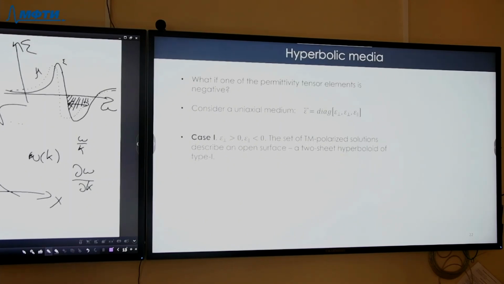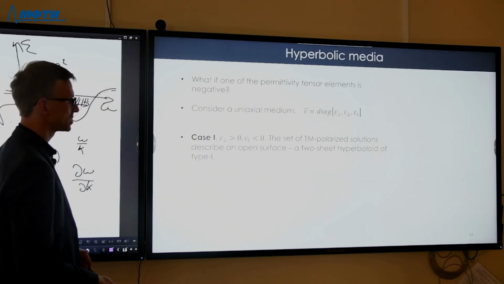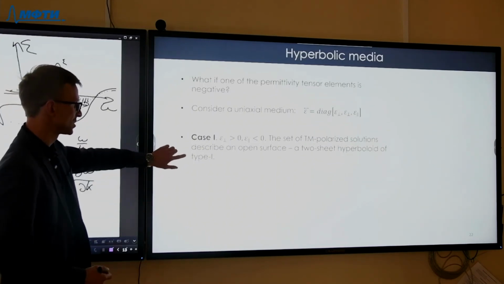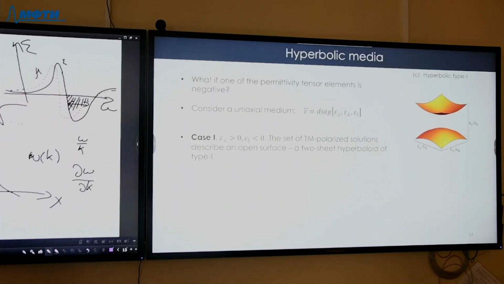In this case, the ordinary sub-equation doesn't yield anything interesting, but the set of extraordinary rays now describes a very interesting isofrequency. This is a hyperboloid of type 1.